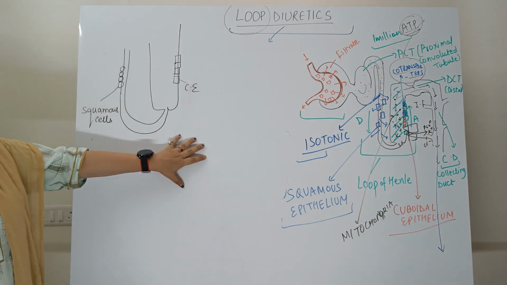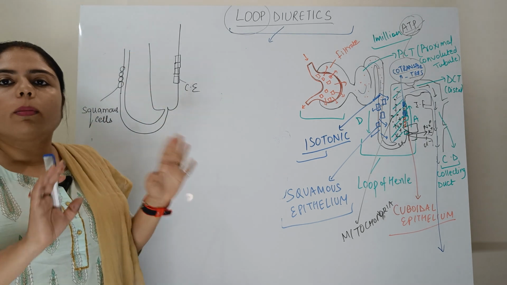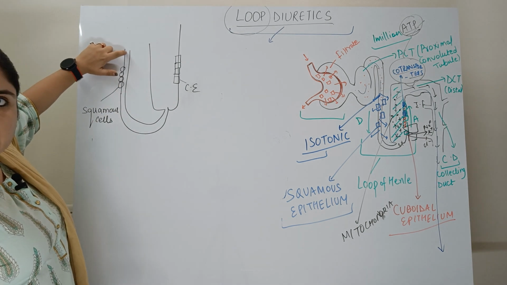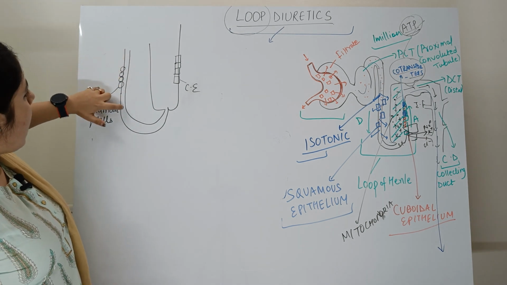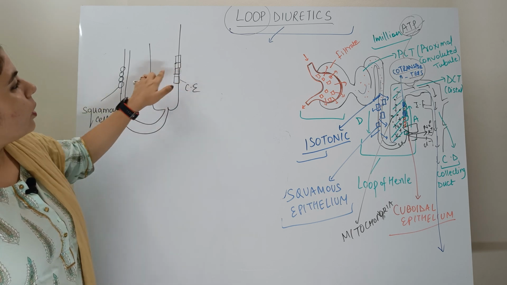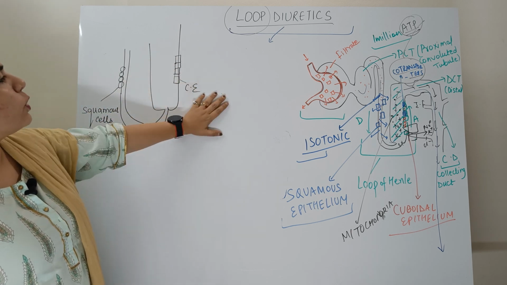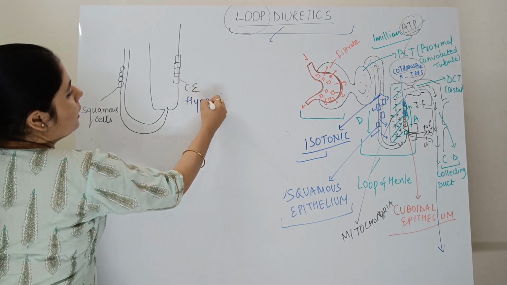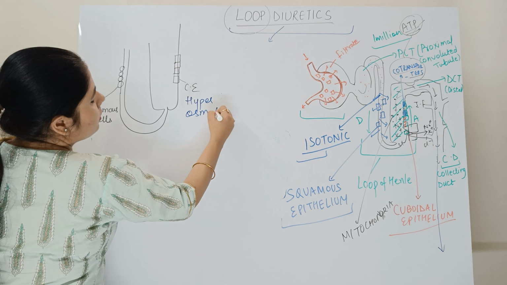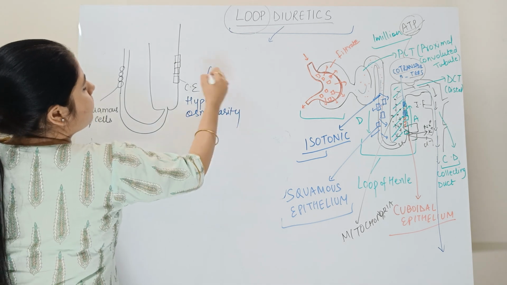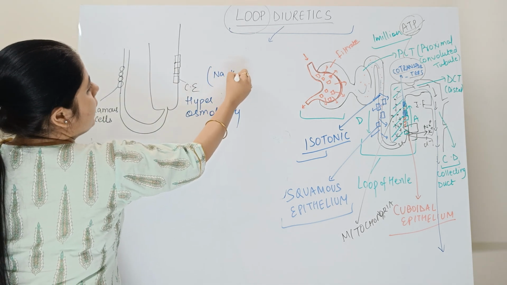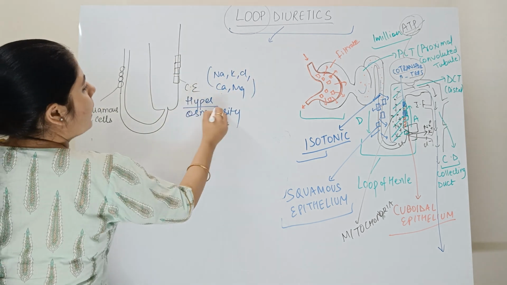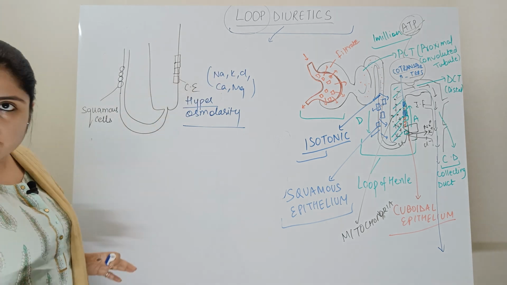When I look at the initial physiology where the normal urine formation process was taking place, there was an isotonic solution present here, but then the ions were escaping. Okay, the ions were escaping and there was a hyperosmolarity condition here. By the reabsorption of sodium, potassium, chloride, calcium and magnesium, there was a hyperosmolarity condition present in the interstitial fluid.